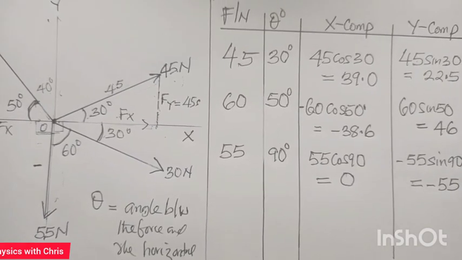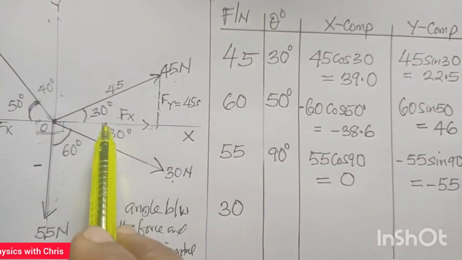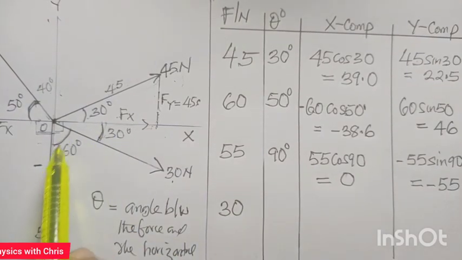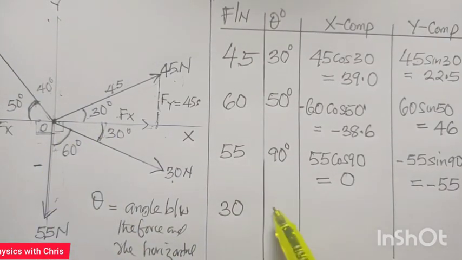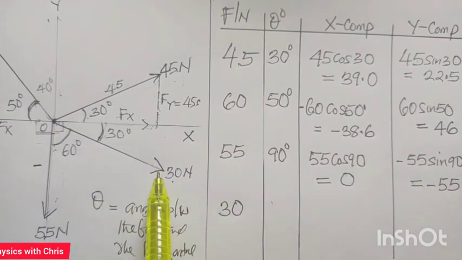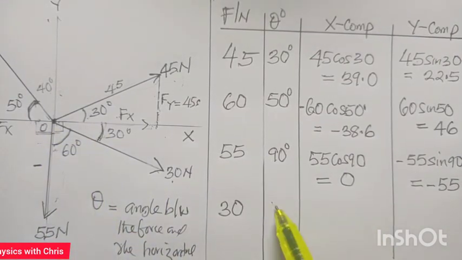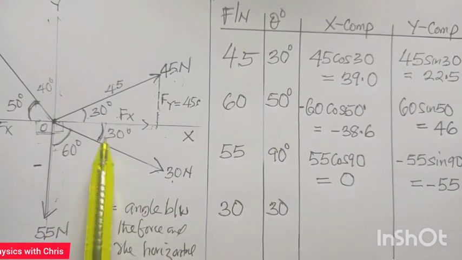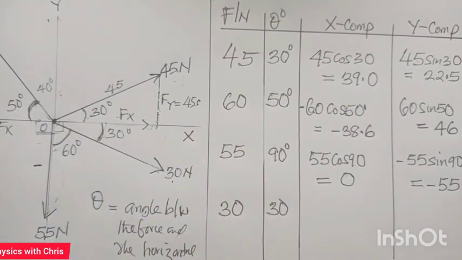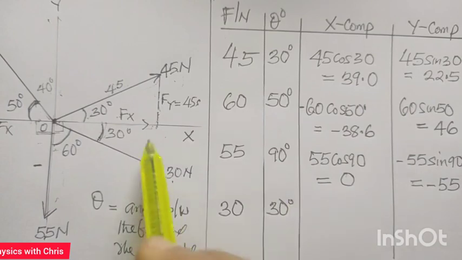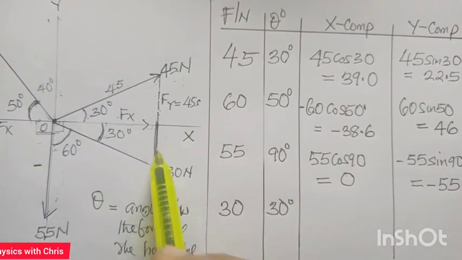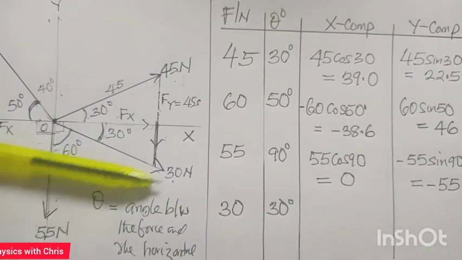So let's treat the last vector, which is 30 Newton. Recall the original question gave me this angle as 60, but I'm using the angle the force makes with the horizontal, which is 30 degrees. So when I resolve this, I draw this. Now the y component, place your pen like this again.